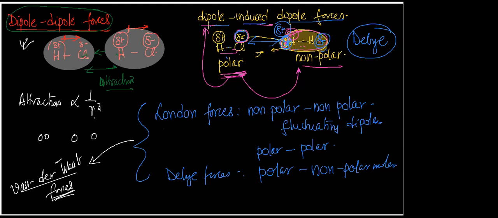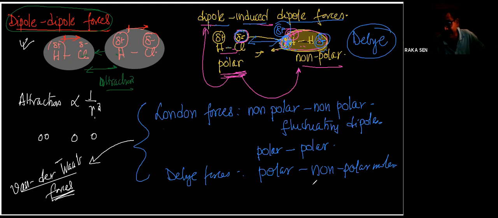Now, I'll spend a little bit more time on the London forces, because you'll be requiring this a lot in your organic chemistry. In organic chemistry, carbon-hydrogen bonds are essentially taken to be non-polar, even though there is a slight electronegativity difference. Carbon is 2.5, hydrogen is 2.2.